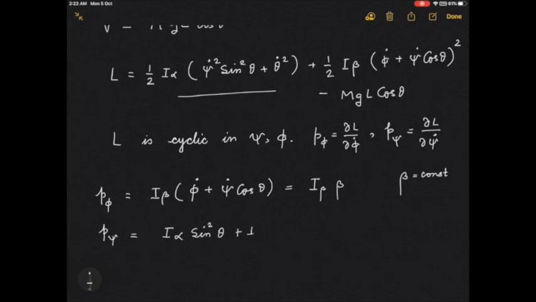So this entire thing is times psi dot. But I have another term with phi dot also, and that term is I beta phi dot cos theta. Right?